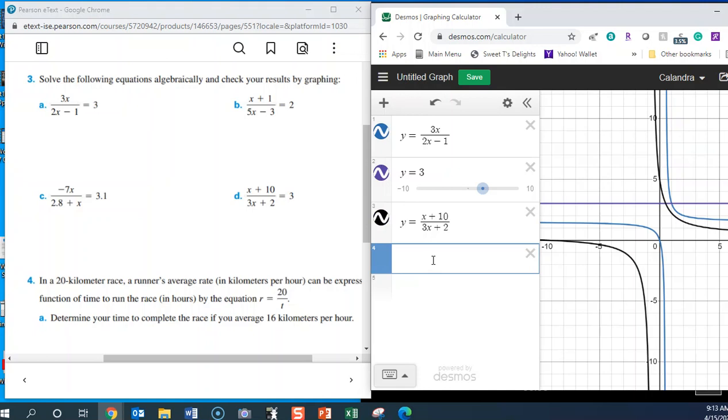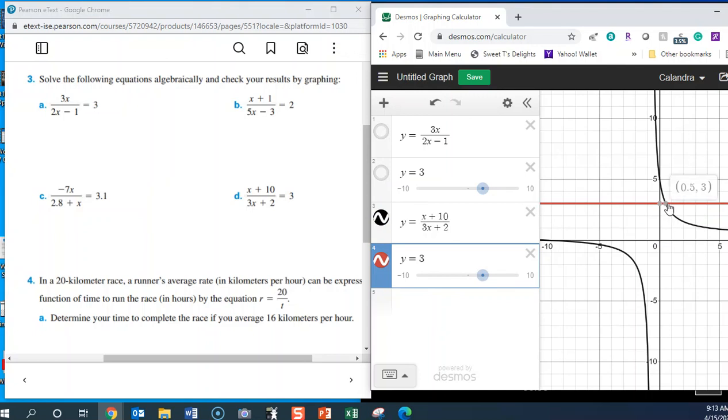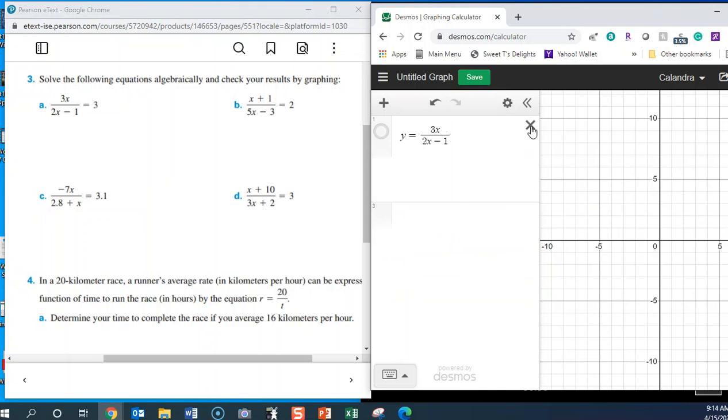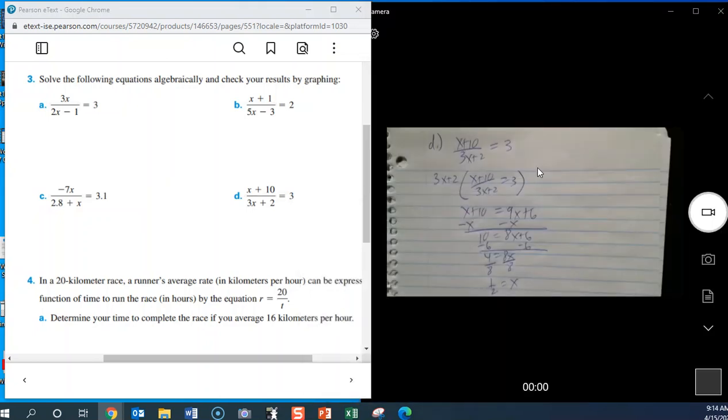And then we will go down here and press y equals 3. Now, I'm going to turn these other two off so we can deal strictly with this equation. And their intersection point here is x is 0.5, which is 1/2, 3. So it does work.